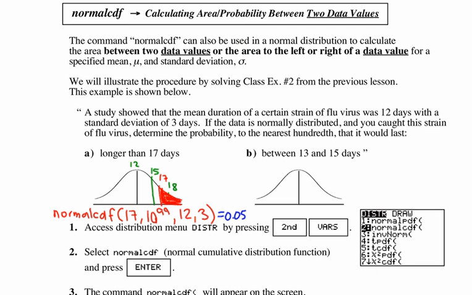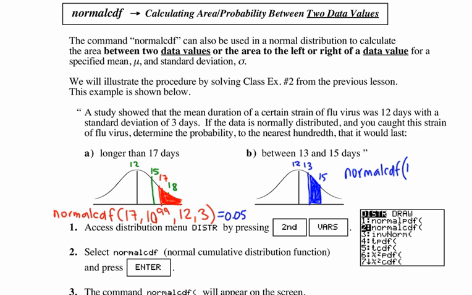In this example, the mean was 12. It wants between 13 and 15 days. So instead of having to convert it to a z-score and using our table, I can use Normal CDF. Between what two values?